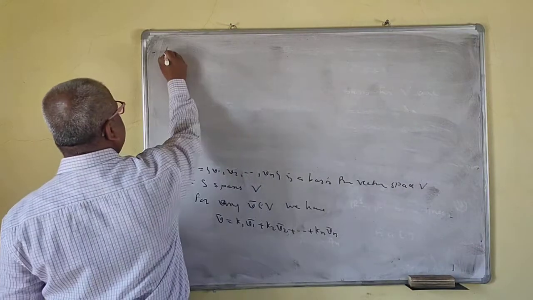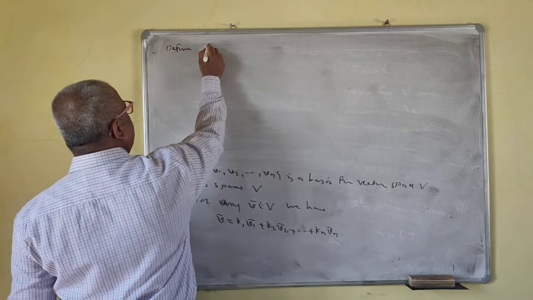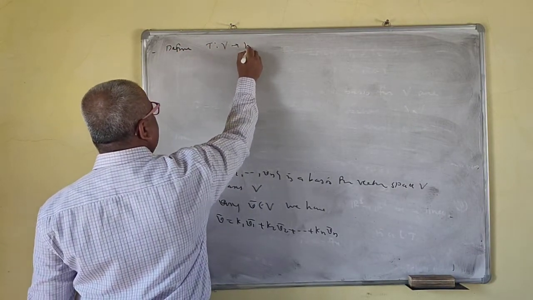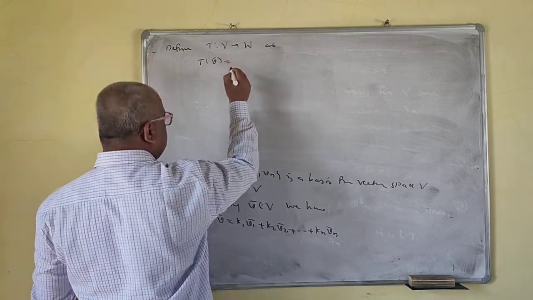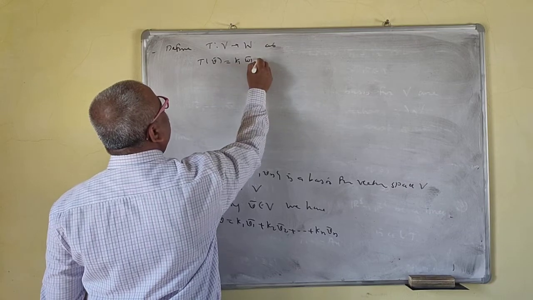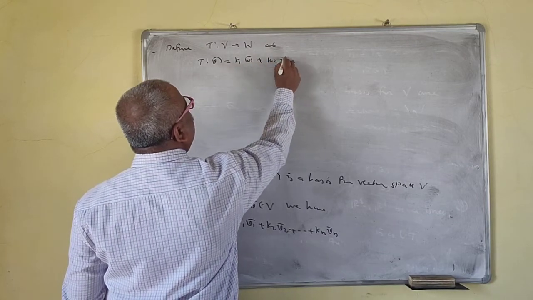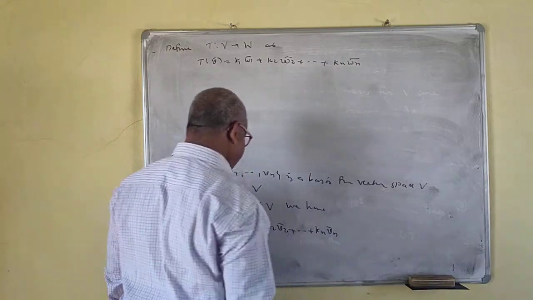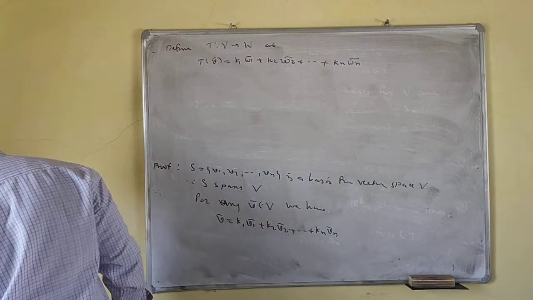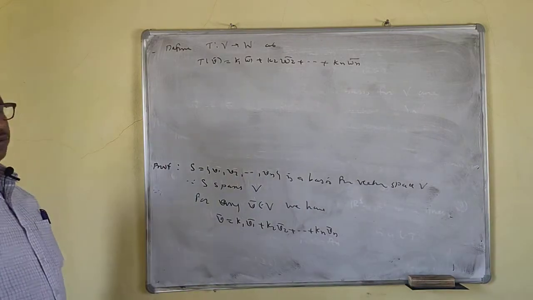Define T from V to W as T of V bar is the same as K1 W1 bar plus K2 W2 bar plus ... Kn Wn bar. So we define this.